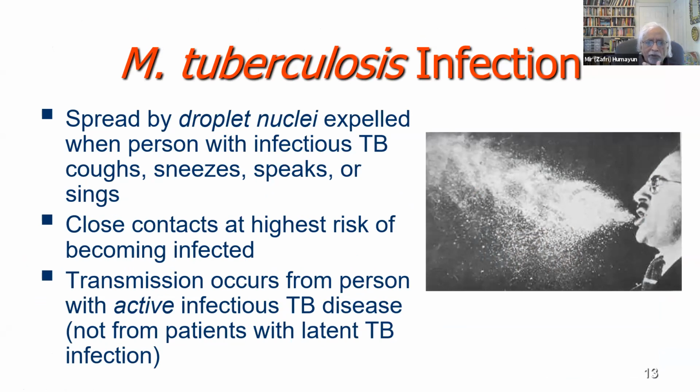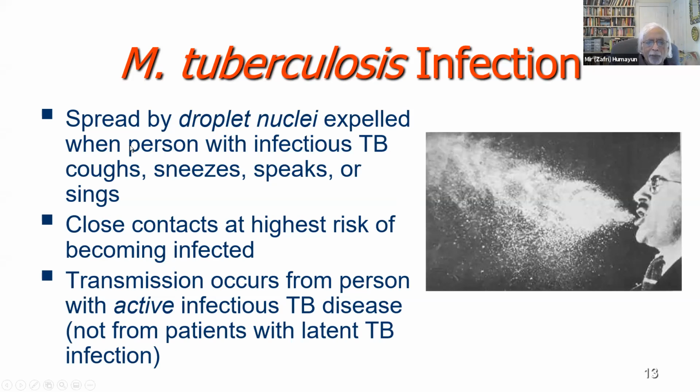Mycobacterium tuberculosis infection is spread by droplet nuclei. You are all now completely, totally familiar with droplet nuclei, and thanks to the pandemic, you know all about it, right? So it turns out that tuberculosis is spread through the same mechanism.